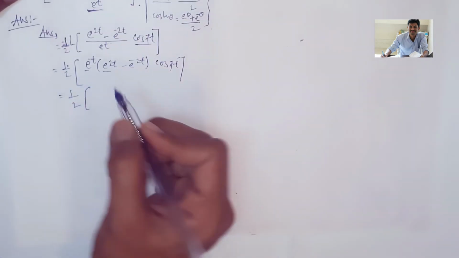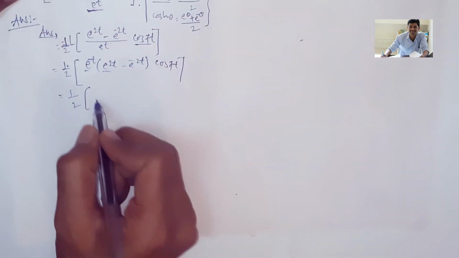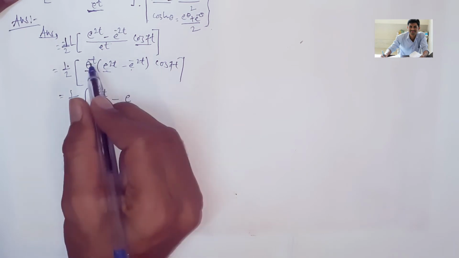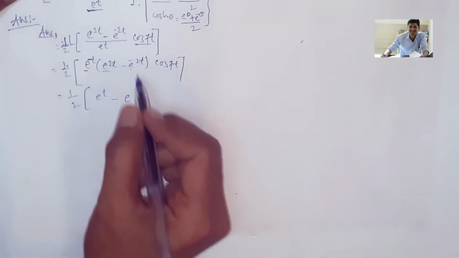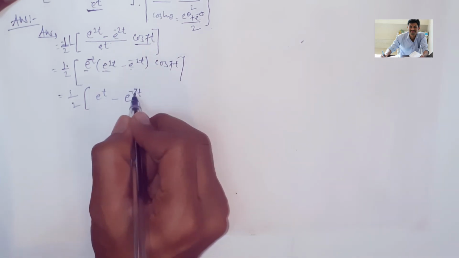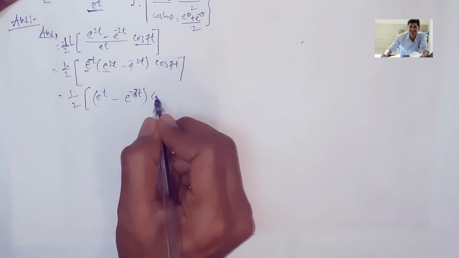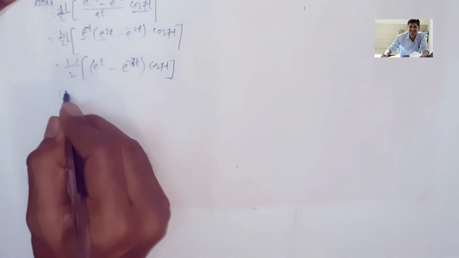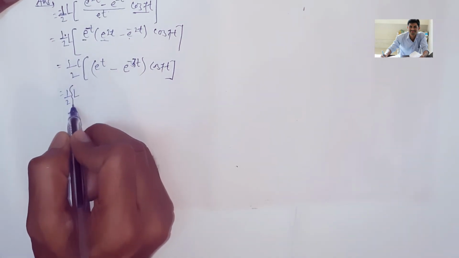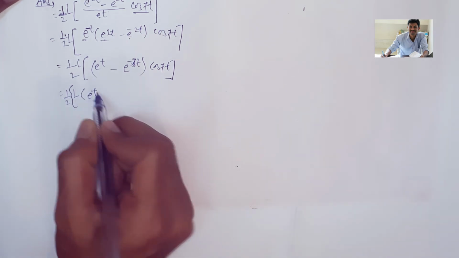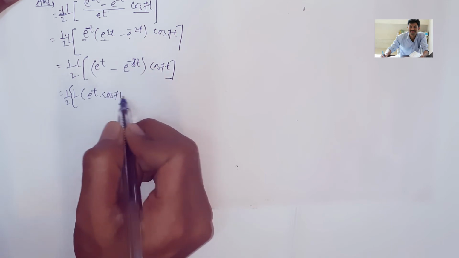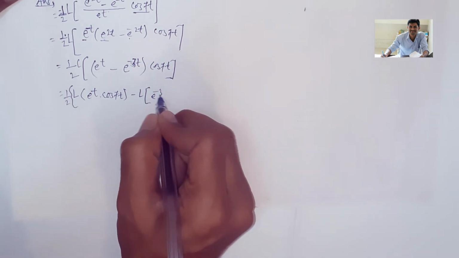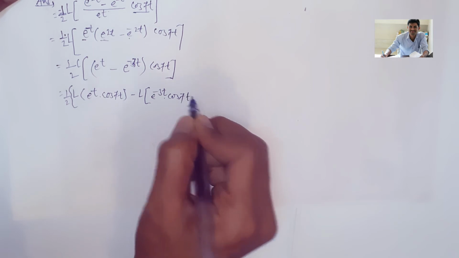If I multiply e raised to power minus t by e raised to power 2t, then e raised to power t remains, minus e raised to power, multiplying again, minus t minus 2t, minus 3t, multiplied by cos 7t. Then Laplace of, I am writing separately, Laplace of e raised to power t into cos 7t, minus Laplace of e raised to power minus 3t into cos 7t.